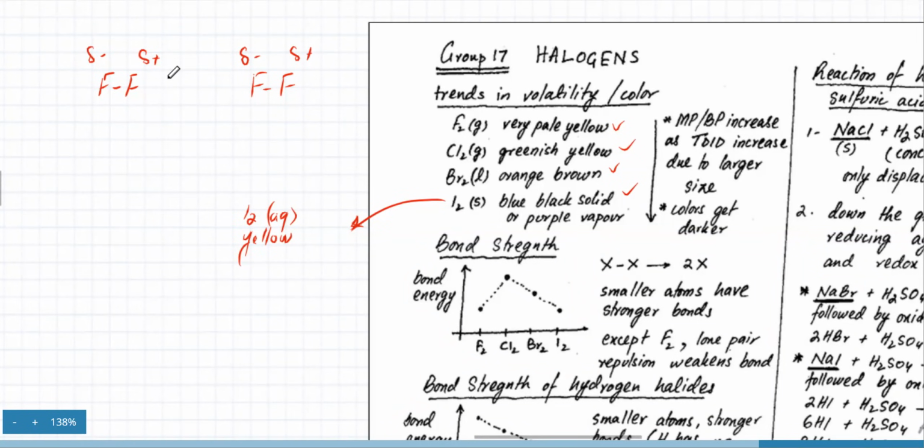So that's temporary dipole induced dipoles, and they depend on the size of the molecule. The larger the size, the greater the melting and boiling point. So you have van der Waals forces, and their strength keeps on increasing, and the color becomes darker and darker.